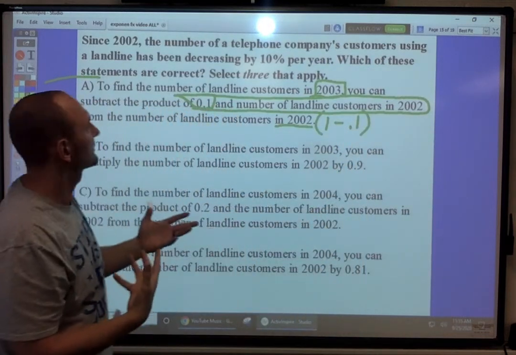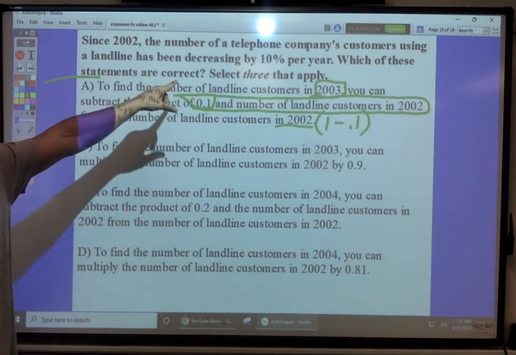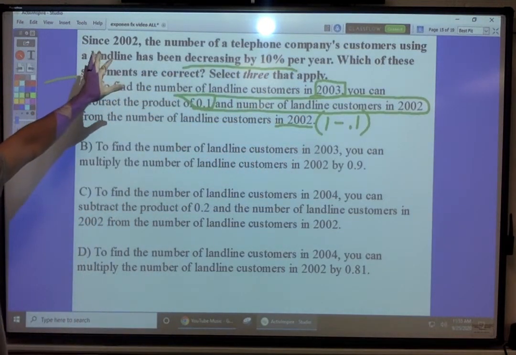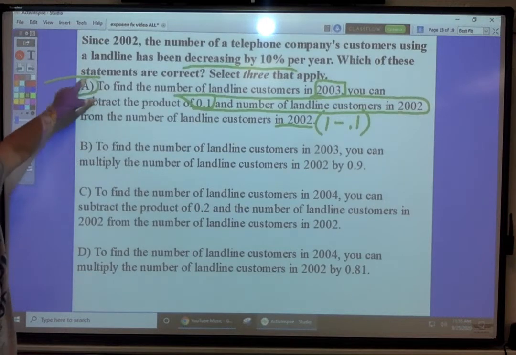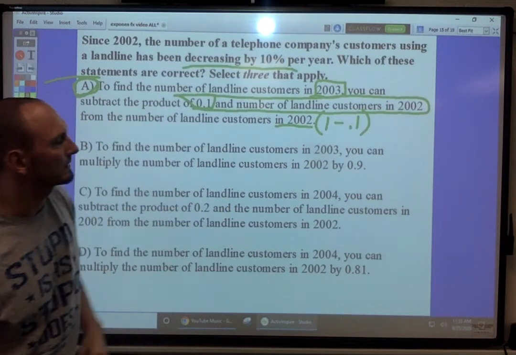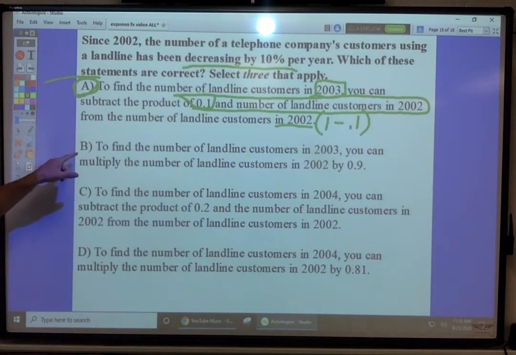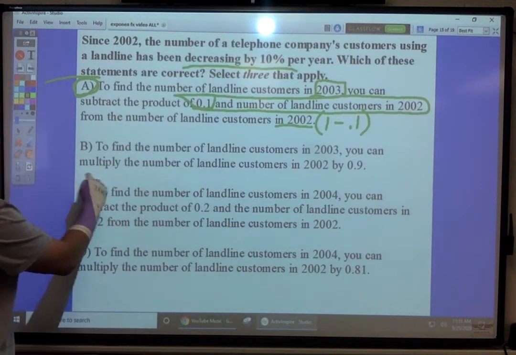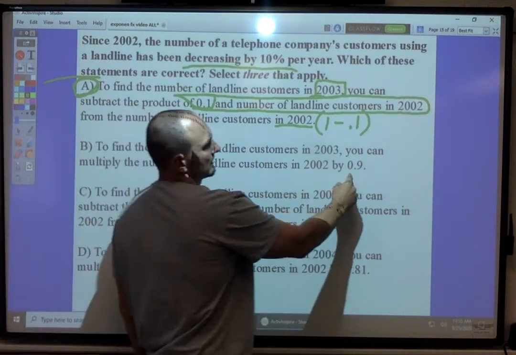Is that what this is talking about? Decreasing 10% per year. And we started in 2002, so that's true. So to get the next year, we can do that. Find the number of landline customers in 2003, the next year. You can multiply the landline by 0.9.